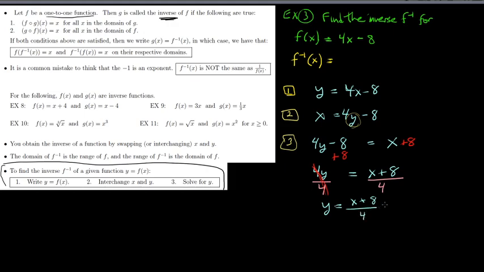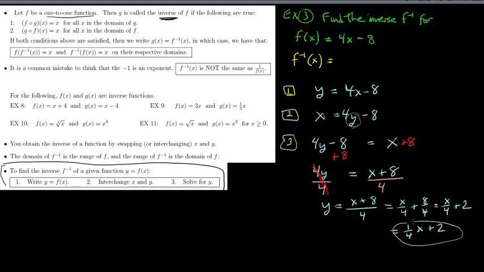Which you can leave like that, or you can write it as x divided by 4 plus 8 divided by 4. And of course, 8 divided by 4 is 2. So this is just x over 4 plus 2, or you can write 1/4 times x plus 2.